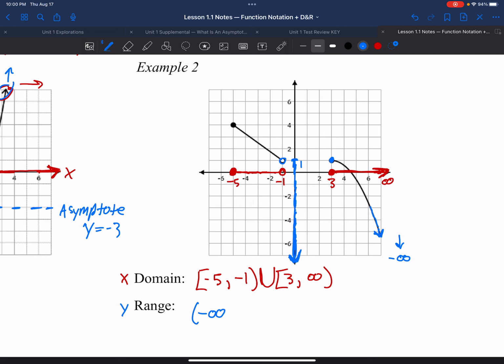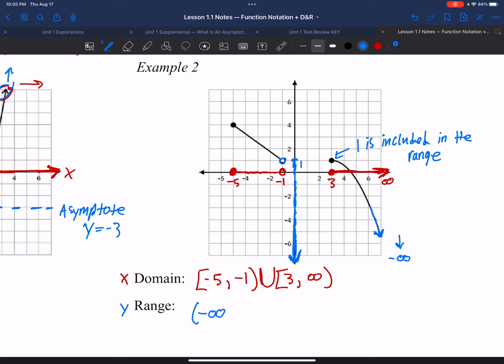Because it's filled in, this one is included. You say 1 is included. I'm going to point to this. 1 is included in the range. That's what that filled in point means.